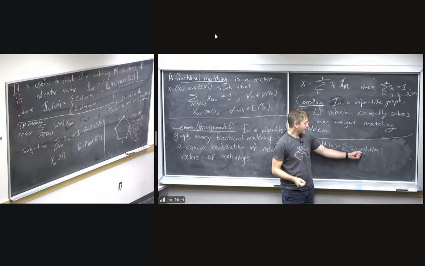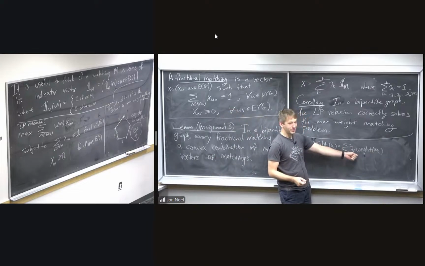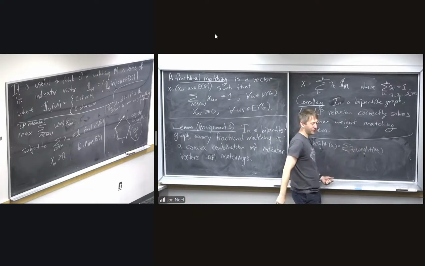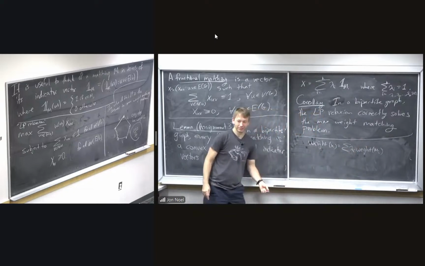If one of these had weight bigger than the weight of X, that would have actually been the solution to the linear program, so you should have taken that instead, right? X is optimal for the linear program. If any of these are smaller, then how could I add up a bunch of numbers that add up to 1 with something smaller? You're not going to be able to get this value, right?